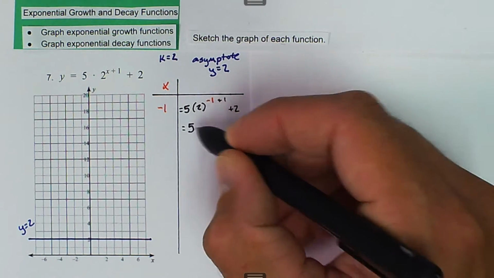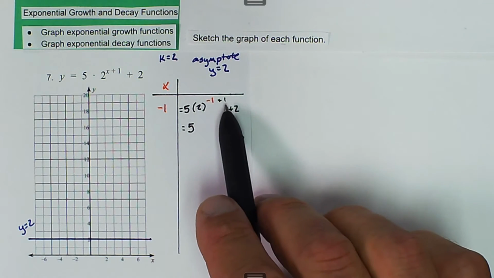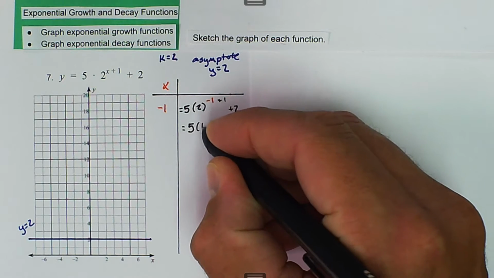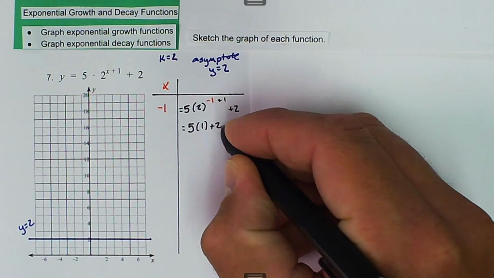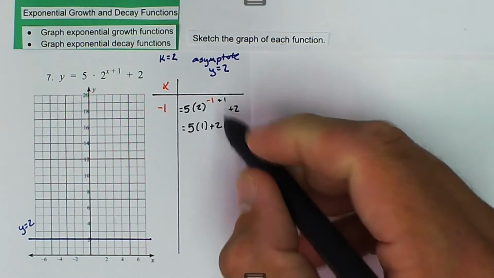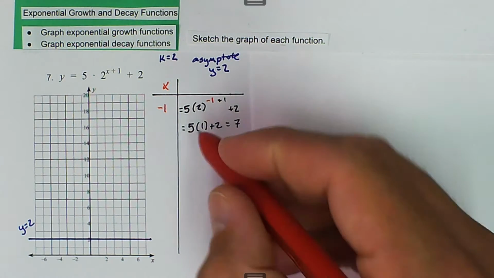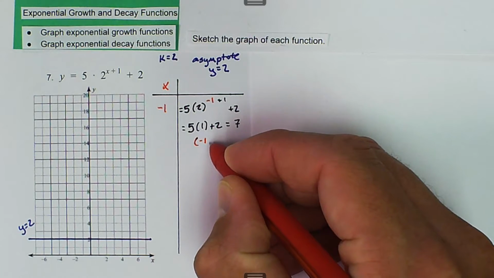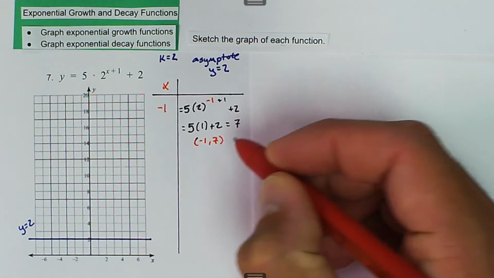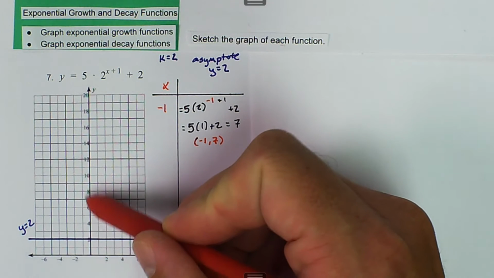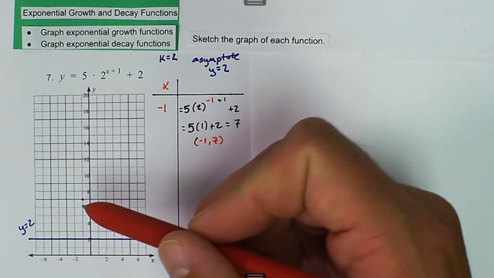So we can bring the 5 down. Negative 1 plus 1, that's 0. 2 to the 0, that's 1. And then plus 2. So 5 plus 2 is equal to 7. So we get the ordered pair negative 1, comma 7. So negative 1, 7 is right there.